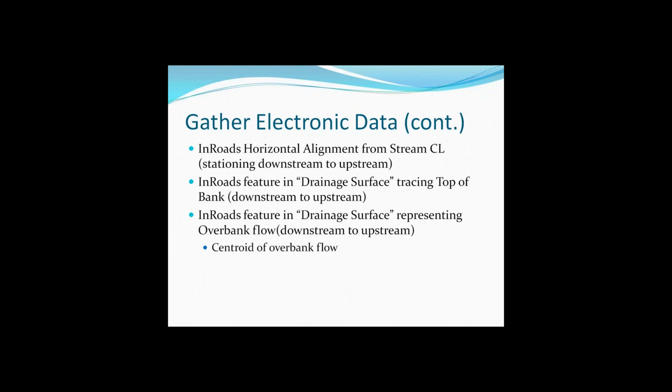So in a specific cross-section, wherever that cross-section crosses the top of bank is where it'll put your bank station. And then your overbank flow is similar to your stream center line in that it gives the downstream reach length to the next cross-section. So you don't want those features to have a bunch of kinks in them and to be crazy lines. They need to follow the direction of flow.